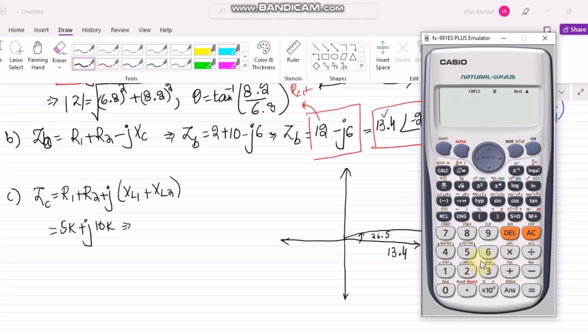Here, 5000 plus 10,000 and writing iota with it, it will be like this.